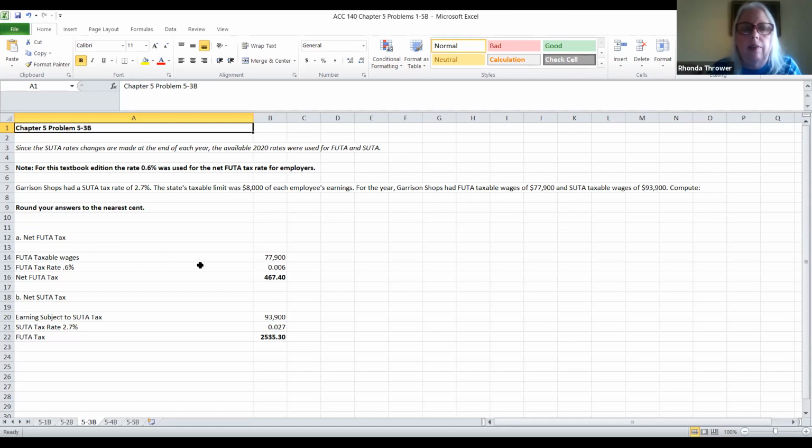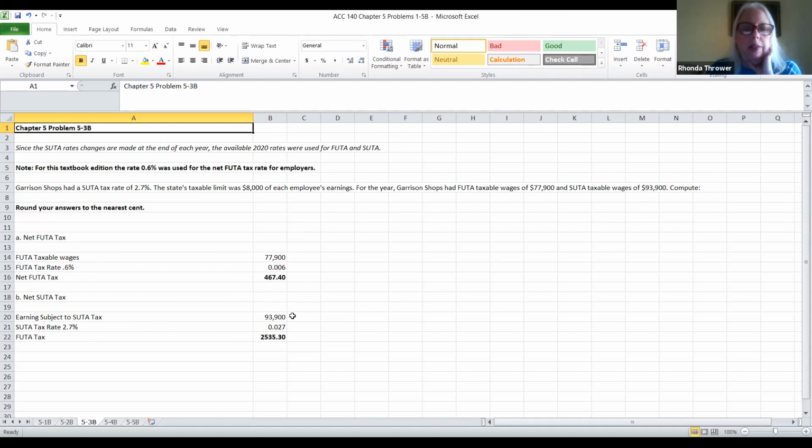So what I did is I simply picked up the amounts that they gave us for FUTA taxable wages. I'm going to multiply that by 0.6% to get the net FUTA tax of $467.40. The earnings that are subject to the SUTA tax were given as $93,900.